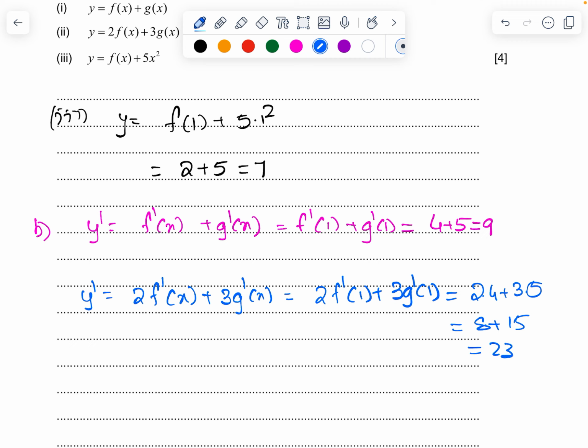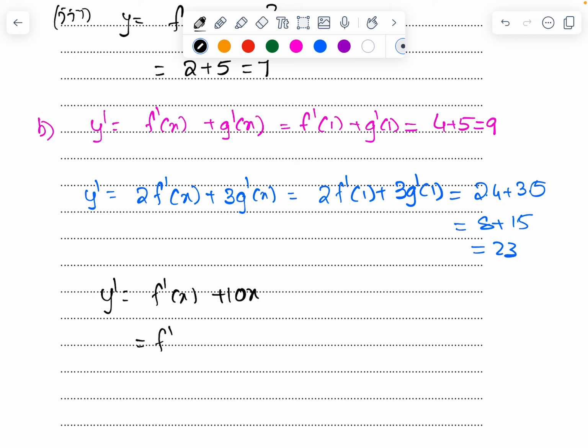Next part 3, y prime will be equal to f prime x plus 10x. So f prime 1 plus 10 times 1, which is going to be 4 plus 10, which is 14.